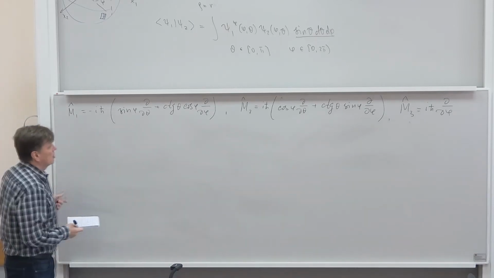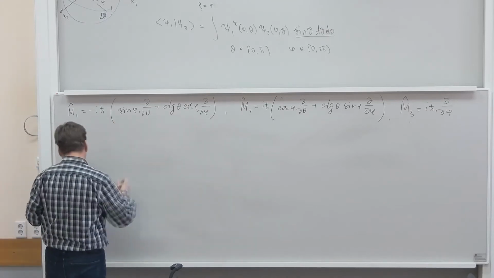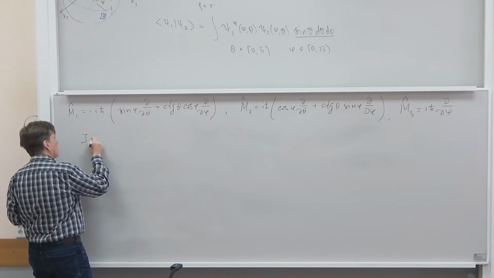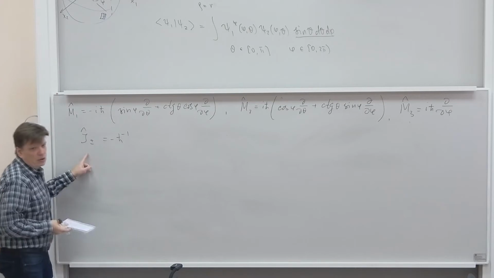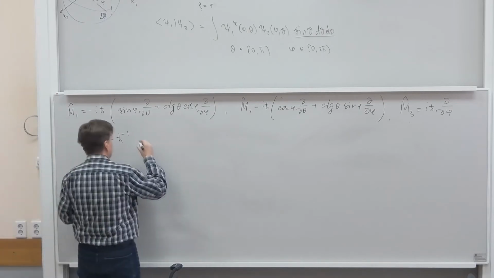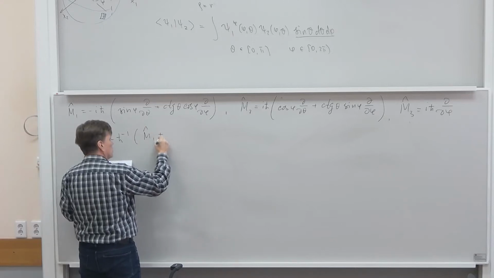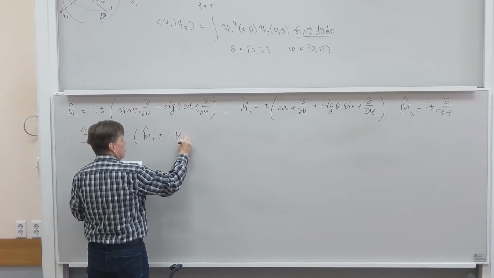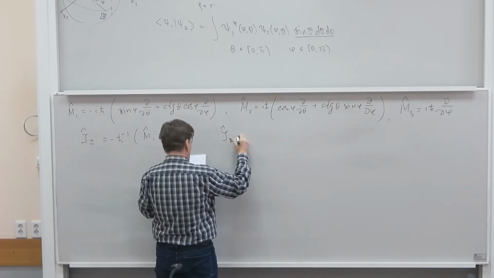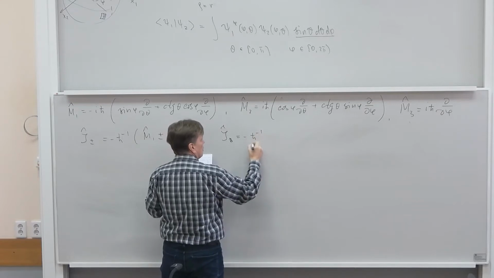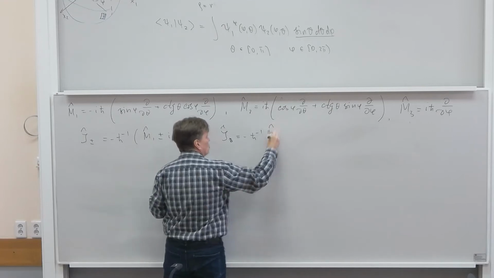And combining these operators M1 and M2, we can write expressions for the ladder operators J plus minus. Recall that they are given by these linear combinations, and our J3 is given by minus h bar to the minus 1 times M3, proportional to M3.